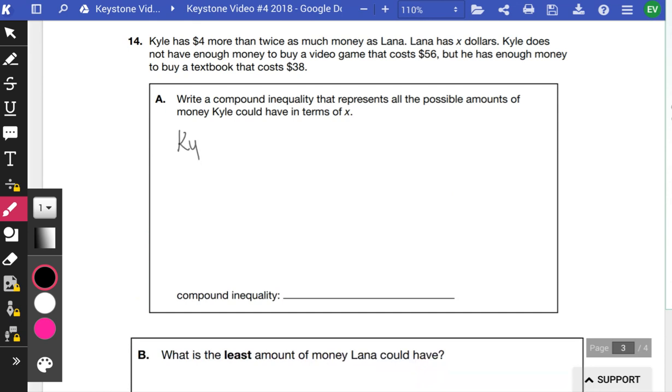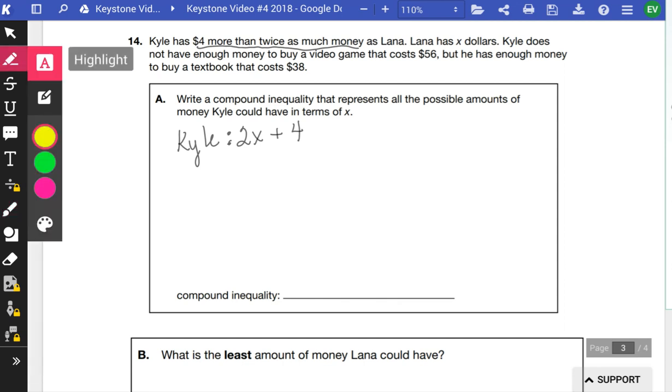So if Lana has X dollars, then Kyle, he's got $4 more than twice as much money as Lana. So twice as much money as Lana is 2x, and $4 more means plus 4. Okay?